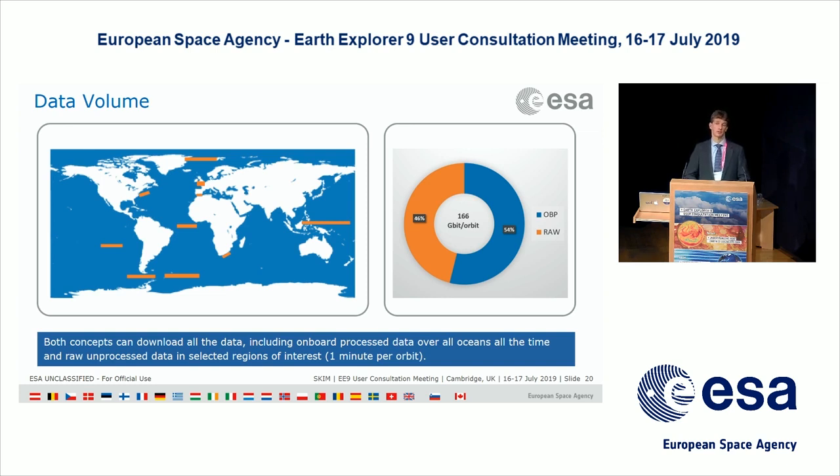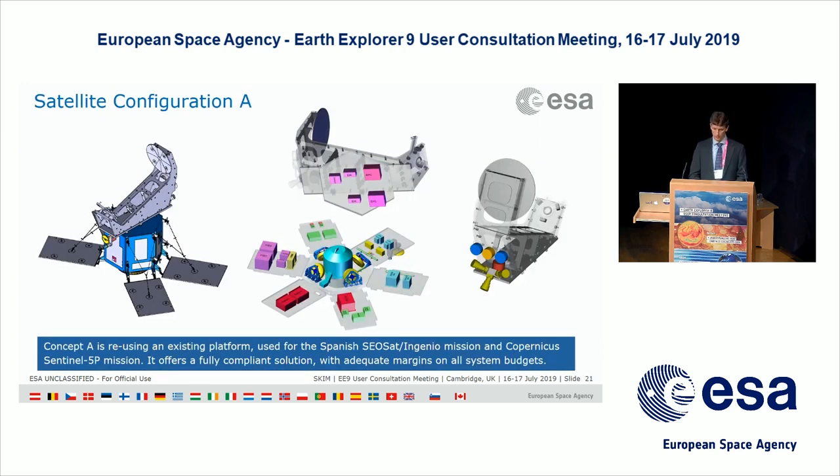The platform then, this is the platform for concept A. It is based on the Astrobus platform used for Ingenio SEOSAT, and also the Copernicus Sentinel-5P mission. So all the units can be accommodated on this platform, and we've done mechanical and thermal analysis to confirm the feasibility of the concept.